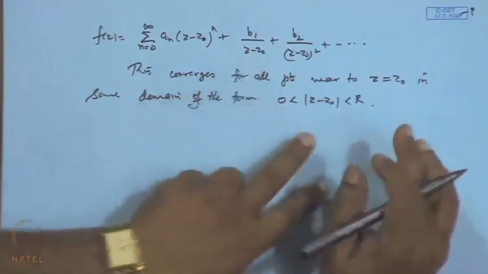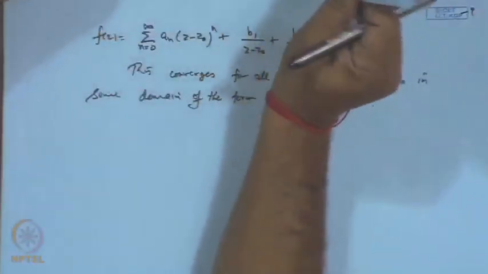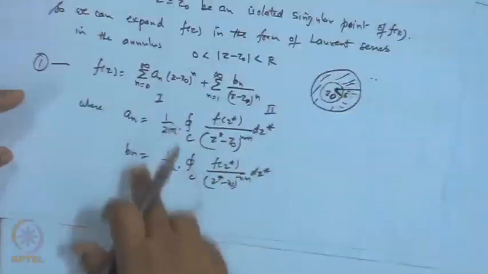In this case the coefficients a_n, b_n, as I told you earlier, were given by this formula.